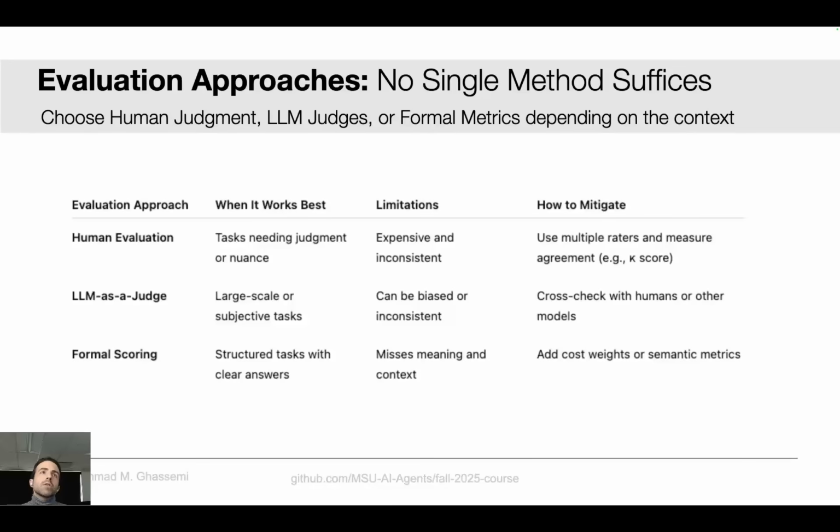Okay, so recall that when we were dealing with our scientific literature large language model assessment exercise just a few slides ago, we said we can take a formal score and we can use that formal score of the number of true positives, false positives, and so on to figure out how well a model is working on the task.